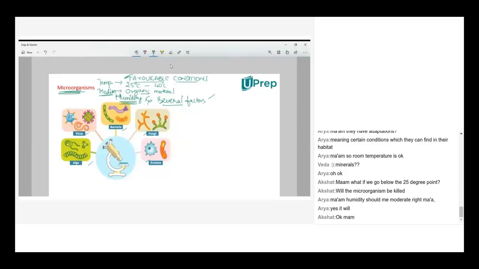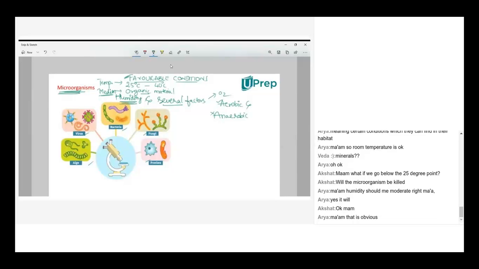Now, when you take the several other factors, the first foremost factor is oxygen. Presence or absence of oxygen. Based on that, we call aerobic microorganisms and anaerobic microorganisms. I hope you know these terms. No need to explain, isn't it? Aerobic, presence of oxygen; anaerobic, absence of oxygen. So some microorganisms are there which can grow even in the absence of oxygen also.